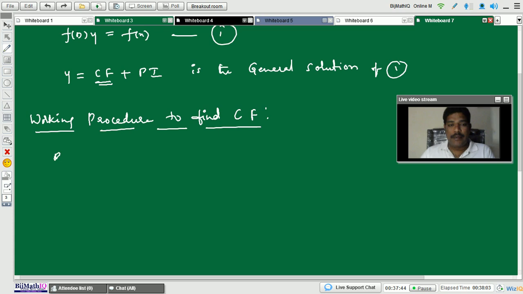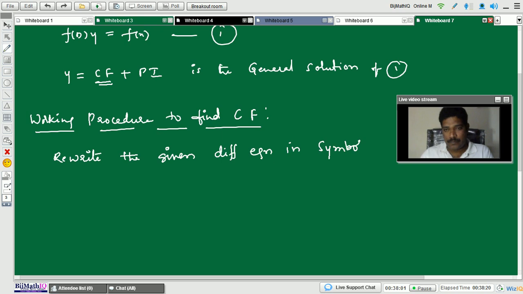Okay. First, rewrite the given differential equation in symbolic form.